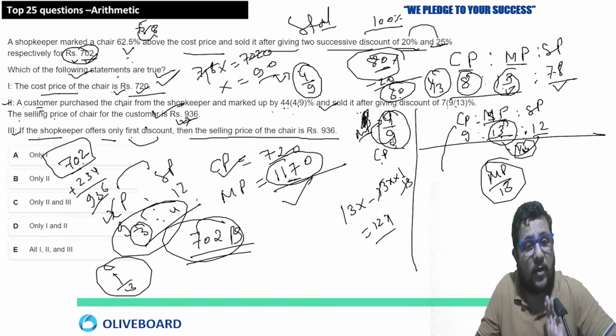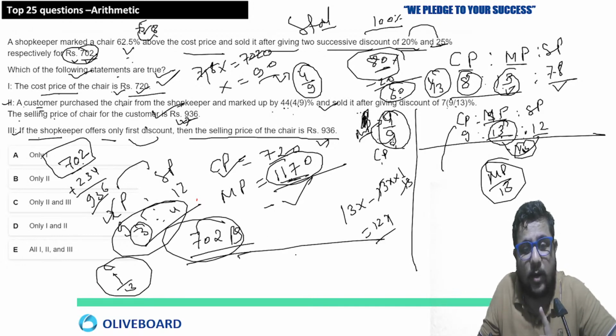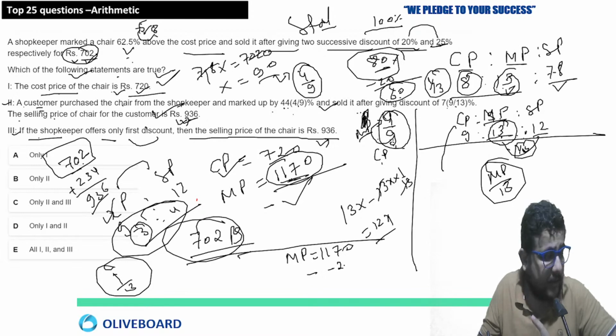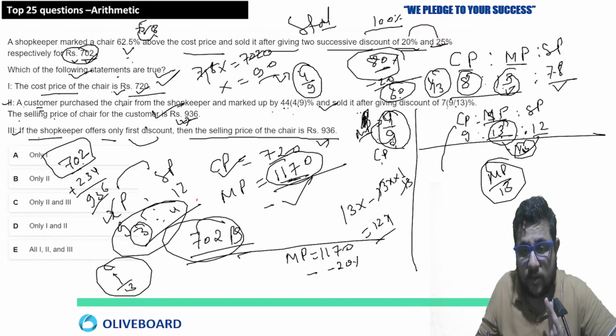If the shopkeeper offers only the first discount, then the selling price of the chair is rupees 936. So first discount means 20%. Just remove 20% from the marked price. You know that the marked price is 1170, minus 20% because they are talking about only the first discount. Very good, Nitish. 20% of 1170.